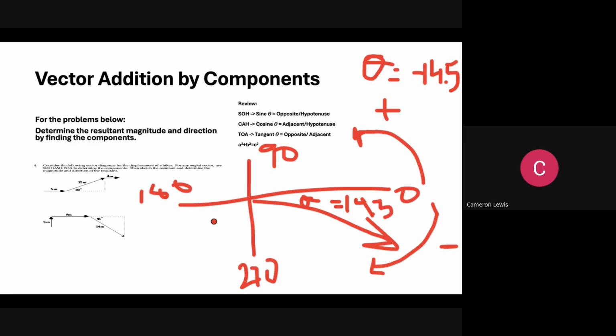Now, does this direction match up with what we have over here, going from here to here? Yeah. Okay, so now we have two ways of representing it. You can represent it as negative 14.5, or let me change the color. If I start from 0 and go all the way around, now what angle is this?